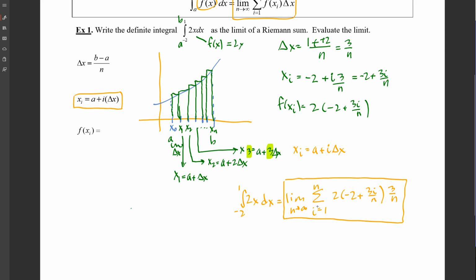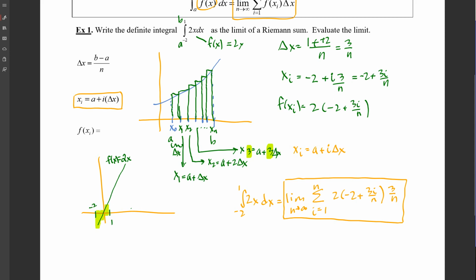I drew the picture like this, but this wasn't really the picture that we found. What we really found was, if I graph this 2x function, it looks something like this. This is f of x equals 2x, and I went from negative 2 to 1, and I found the area under the curve.